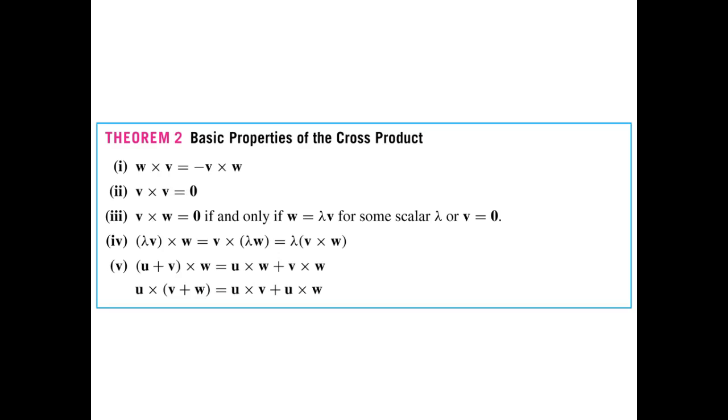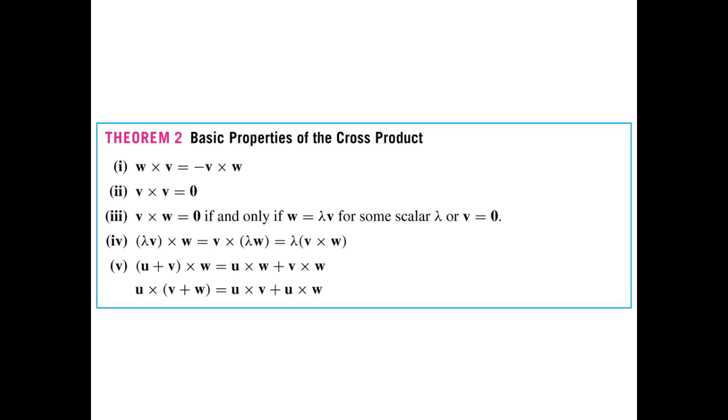Cross W, another vector, will be a vector that's perpendicular to the plane that U plus V defines. You know, U and V have to be in the same plane. Any two vectors are in a plane in common, okay?